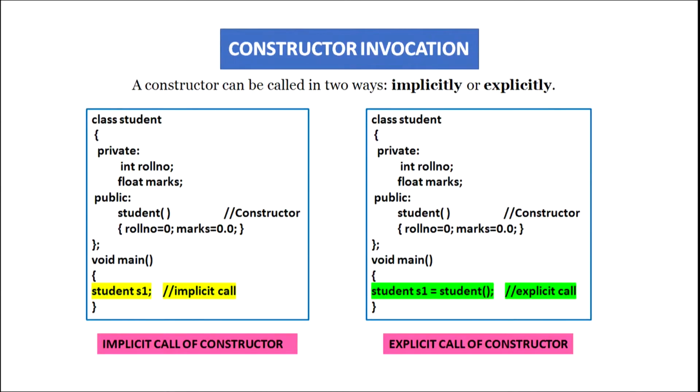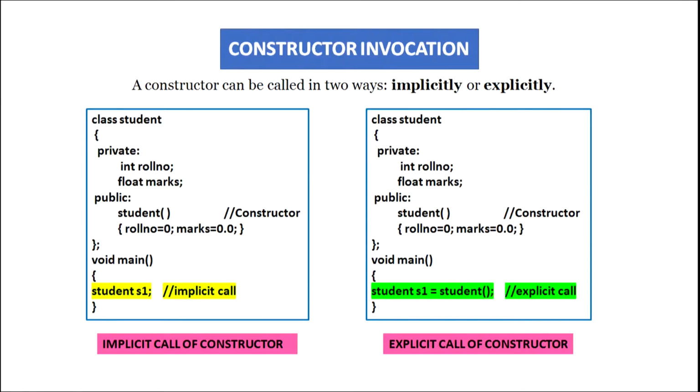Now, let us take another example. Again we are defining a class student with private data members as roll number and marks, and in the public section we are declaring a constructor student where we are initializing the data members roll number by 0 and marks by 0.0. Now, in the main we give the statement student S1 equal to student followed by a set of parentheses.